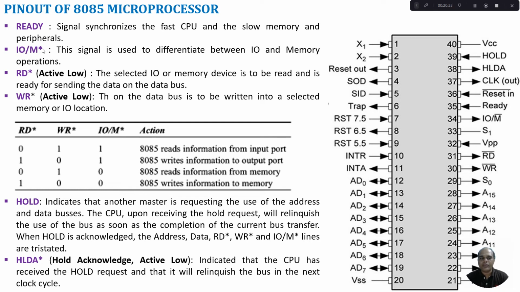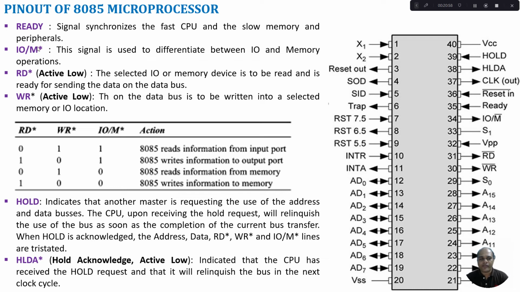Active low on this pin indicates the CPU is performing a memory operation. We also have a read bar and a write bar. Both are active low signals. Whether the data is read from an IO or memory device, or whether the data is written onto the IO or memory device, will be performed using this RD bar and WR bar.